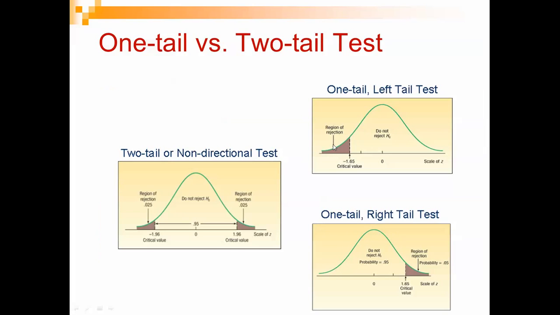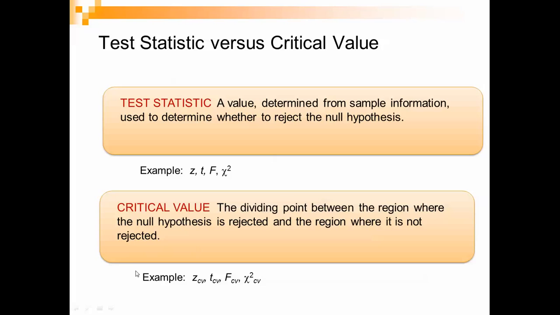Again, here's our rejection region, and in a two-tailed test you have two rejection regions, one on this side and one on this side, on either side of the tails. And we mentioned that we are testing to see if we should reject the null. Well, let's take a look at what that means.